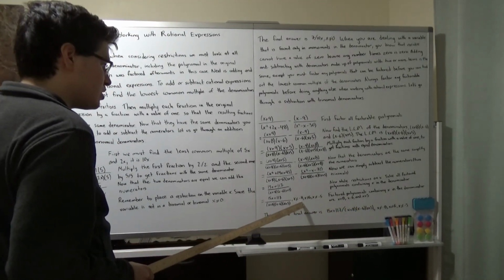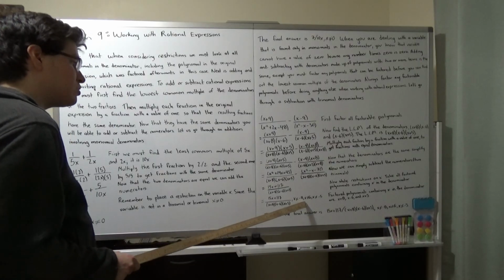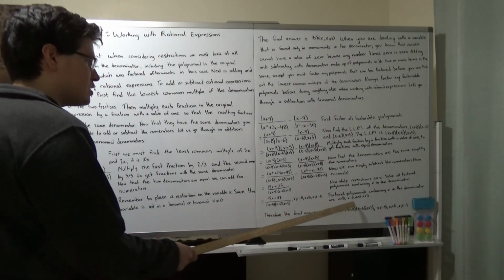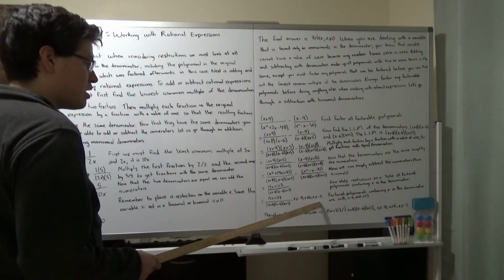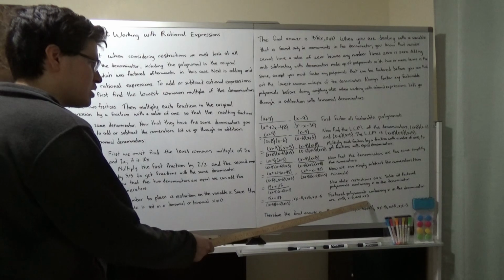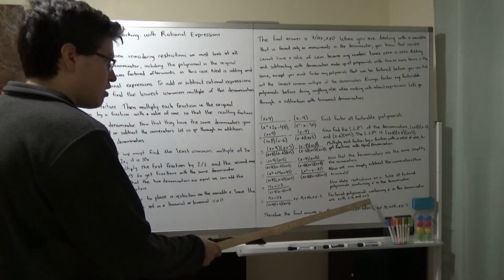We set those not equal to 0 and we solve. Therefore the restrictions are x cannot be equal to negative 8, x cannot be equal to 6, and x cannot be equal to negative 5.